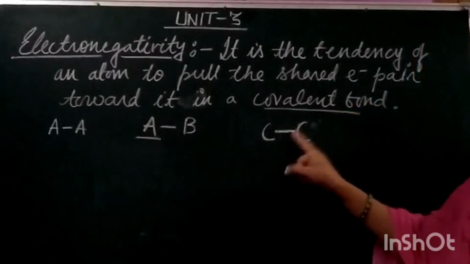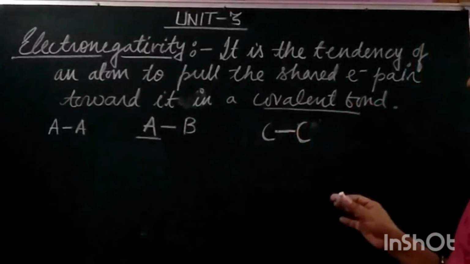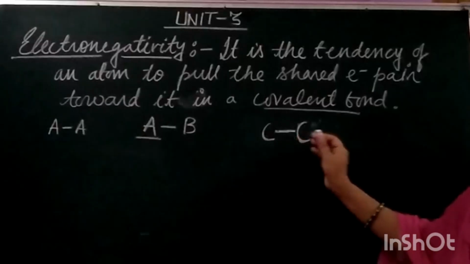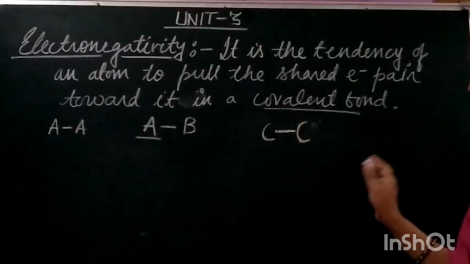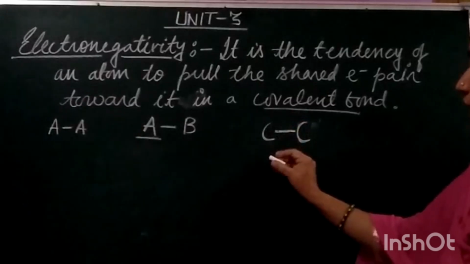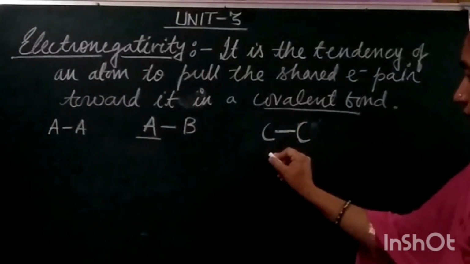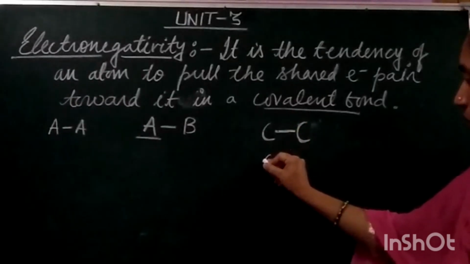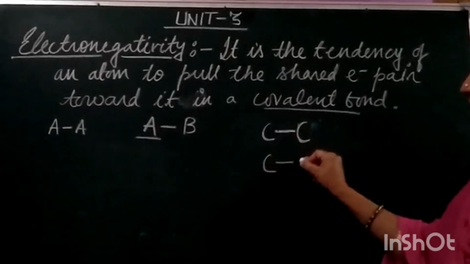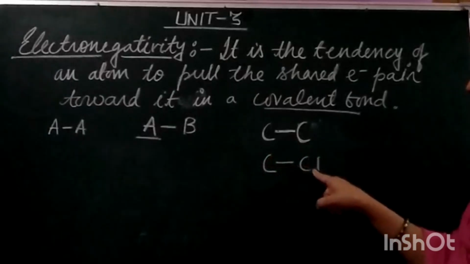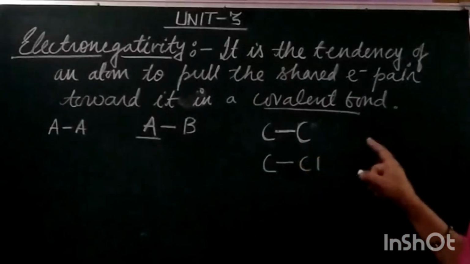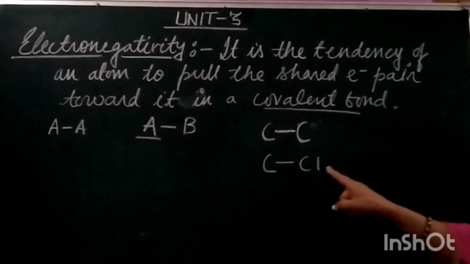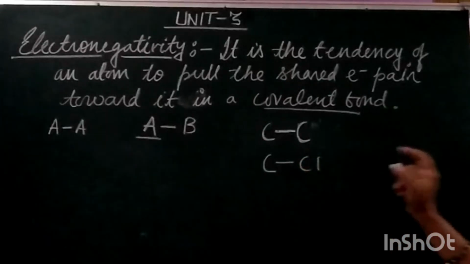Here they are homoatomic, and the shared electron pair will be equally shared between the two and will be at a mean position, right? Now if we take an example compound formed between C-Cl, definitely Cl is comparatively smaller in size than carbon, right?